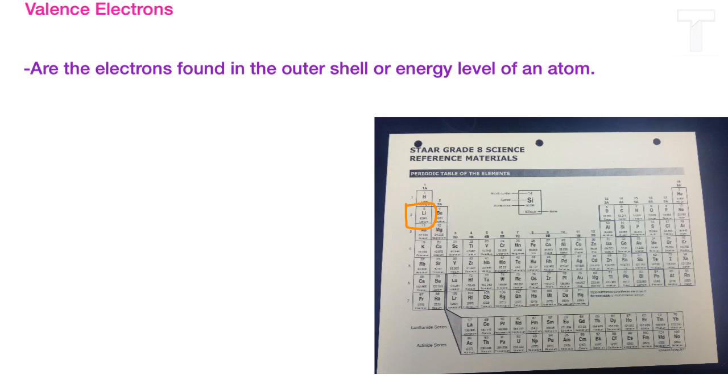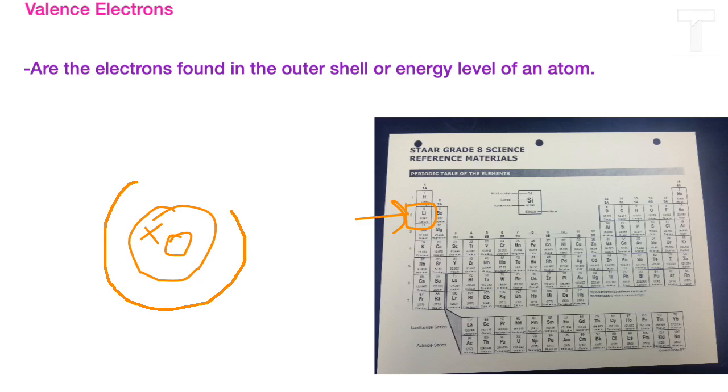I'll outline it. So here's lithium again. We know that lithium has a nucleus, and in that nucleus you'll find positive protons and neutrons with no charge. And you'll have your electrons. Well, we found out when we talked about periods that since it's in period 2, it should have, that's right, 2 orbitals. So we'll draw 2 orbitals around the nucleus.